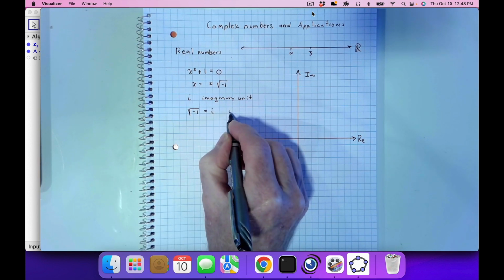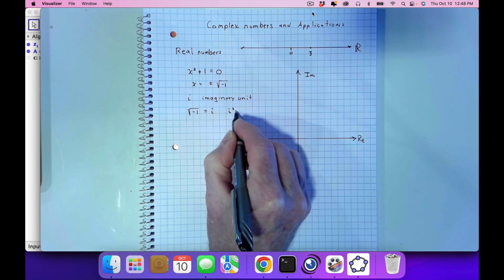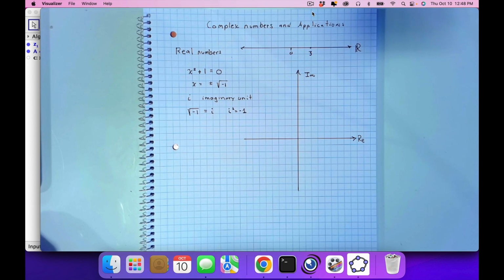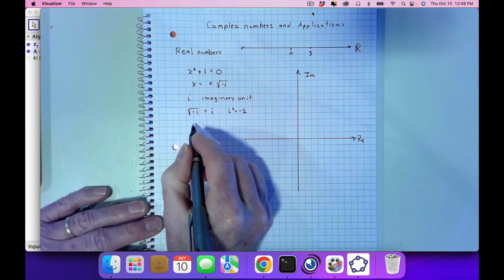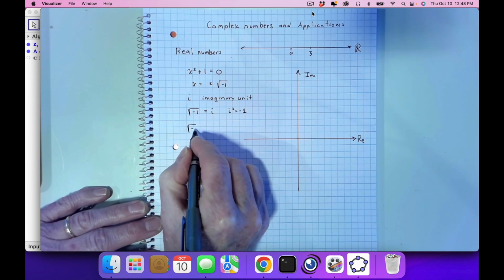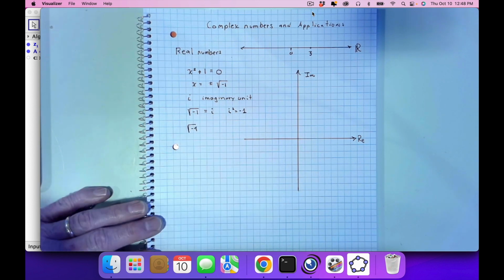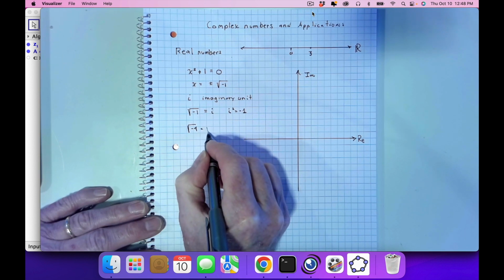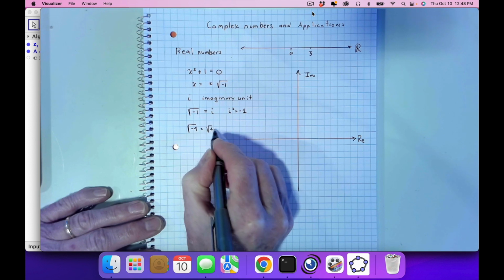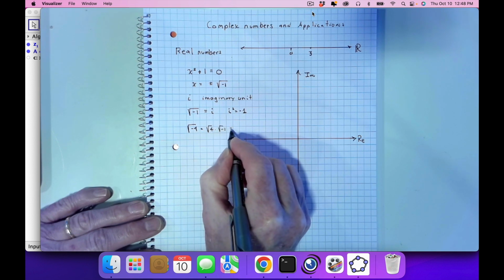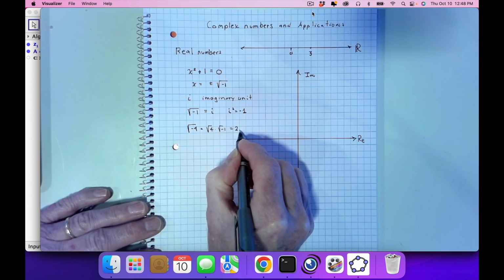Thus, i squared is equal to negative 1. So these are imaginary numbers. For example, the square root of negative 4, using the properties of square roots, can be written as the square root of 4 times the square root of negative 1, that would be 2i.